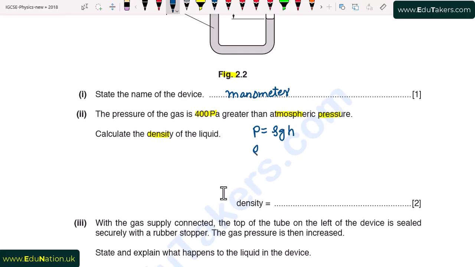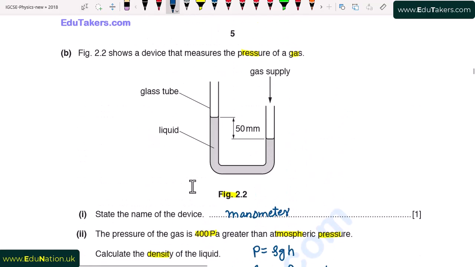So here we have to find out the value of density. It will be equal to pressure over acceleration due to gravity and h. So here pressure is 400 divided by 10 multiplied by height. Height is given in this figure, its value is 50 millimeter.